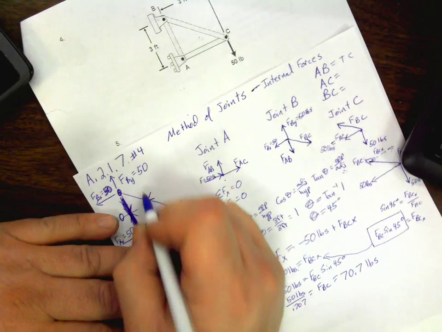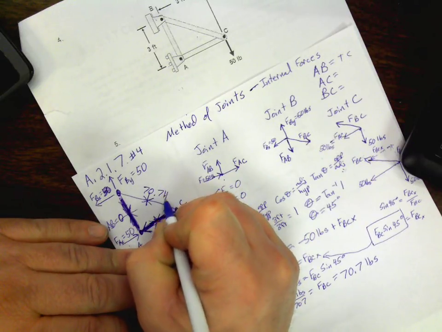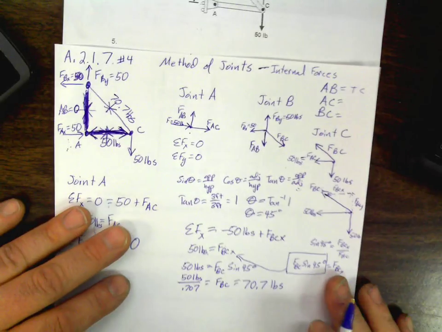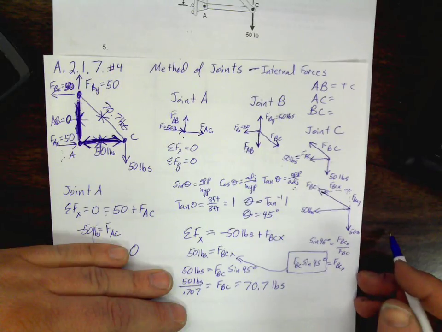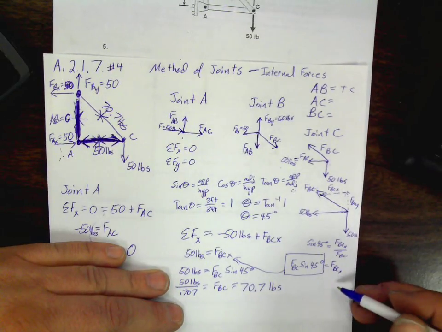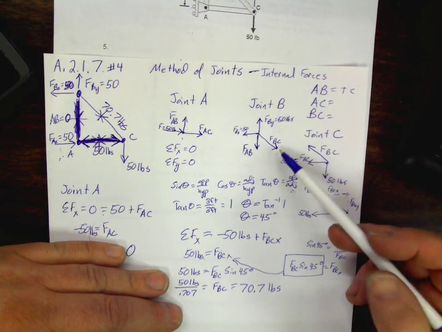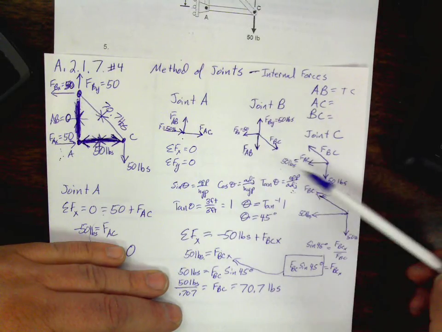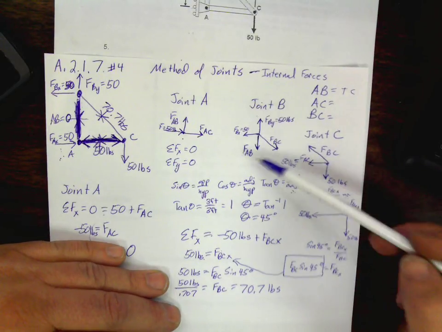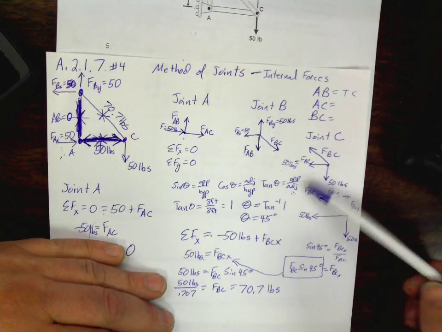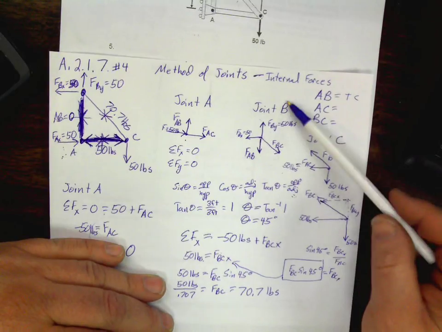And now we also have to go minus the force of BCY, that component force, which again we don't know yet. We end up with minus 50 pounds equals minus the force of BCY, or the force of BCY equals 50 pounds.